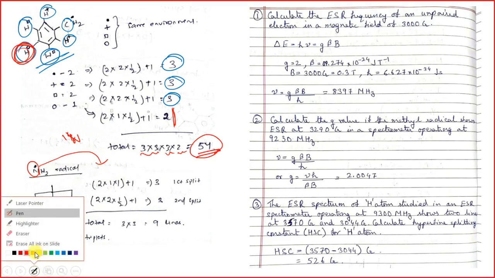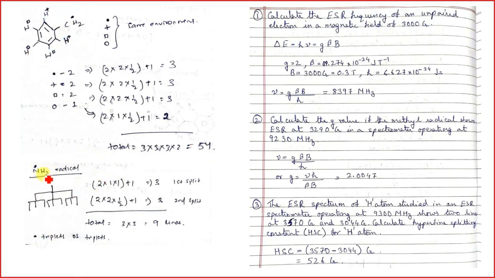So what happens is that over here you have this NH2 radical. The radical is present over the N. Now when we talk about N, the molecular weight is 14, nitrogen 14. This 14 is not divisible by 4, hence N is ESR active. Since it is ESR active, it will show splitting.